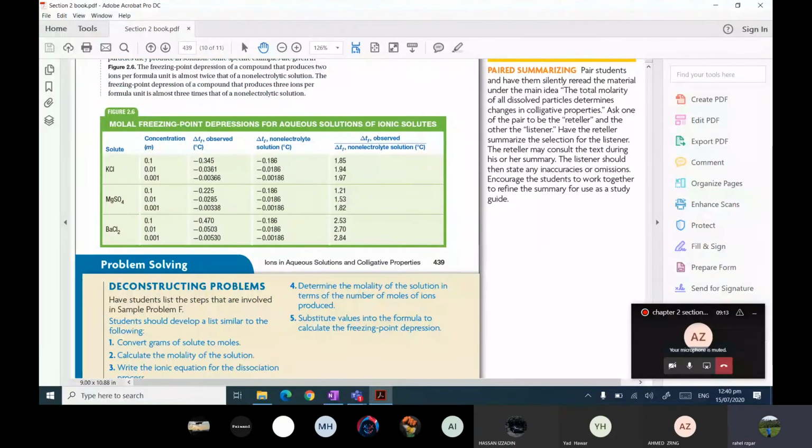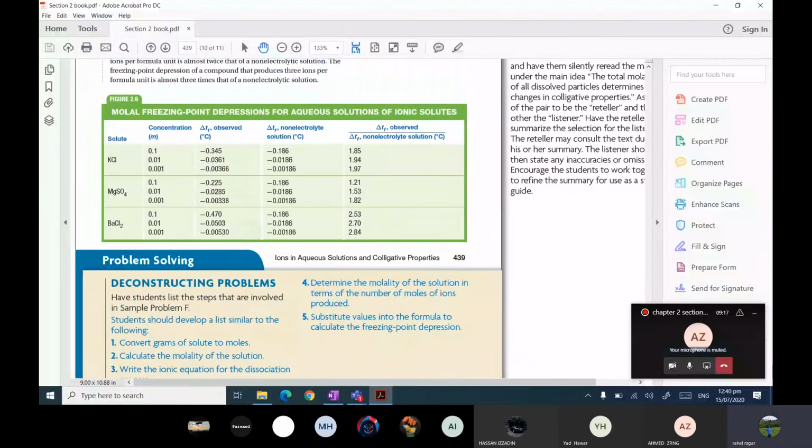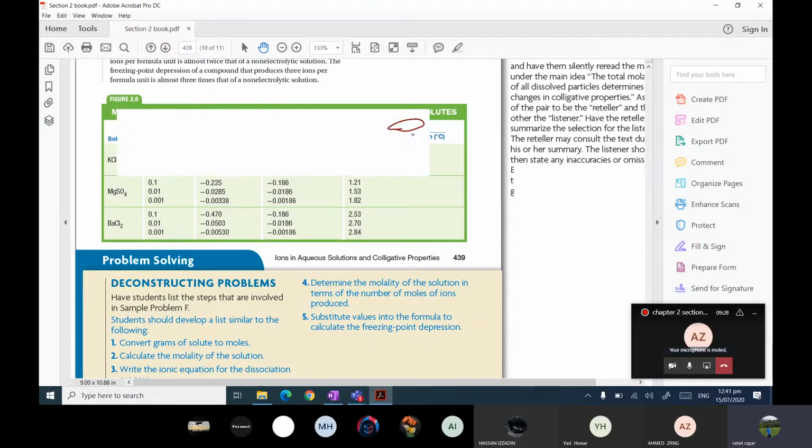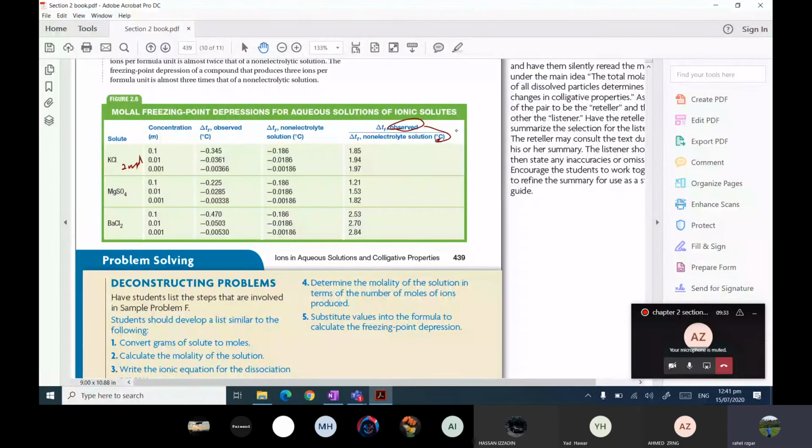For example, KCl has 2 moles, a factor of 2. So we are expecting KCl to be twice as much as a non-electrolyte. This is the ratio between electrolyte and non-electrolyte. So it's 2, but it's actually not 2. Then how much is it?